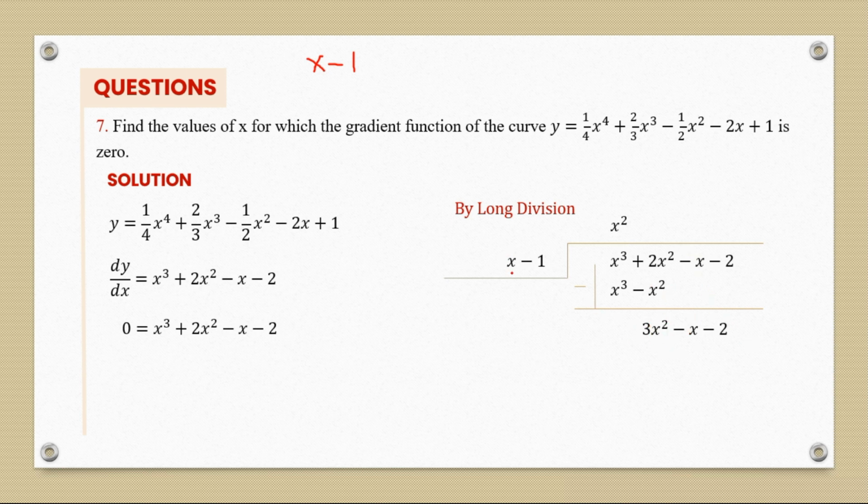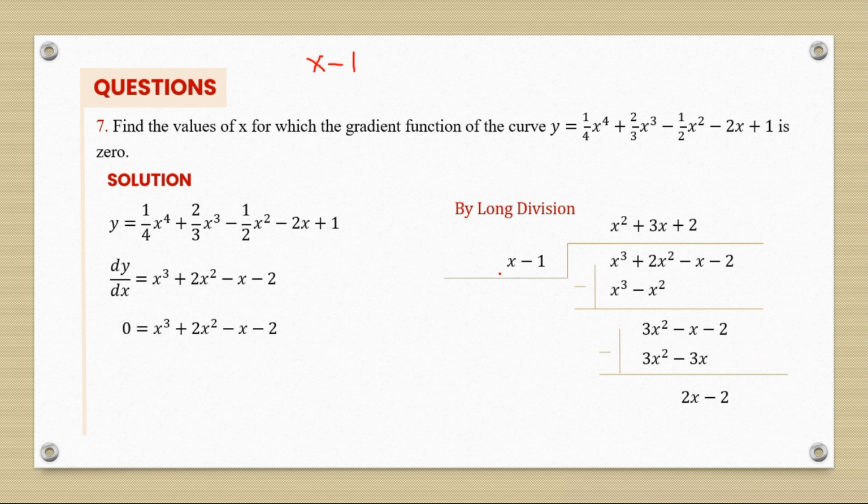So 3x squared divided by x shall give me positive 3x. Multiply this in and I'll have 3x squared minus 3x. When I subtract this, negative x minus negative 3x is negative x plus 3x, which shall be 2x. So I'll have 2x minus 2.